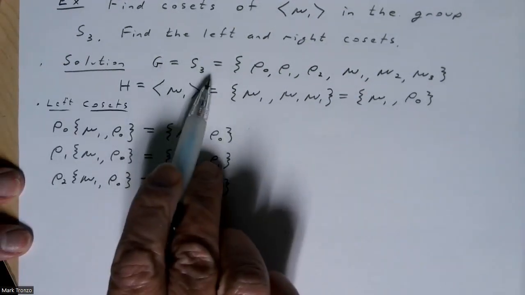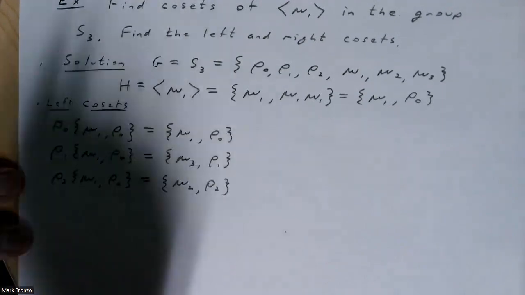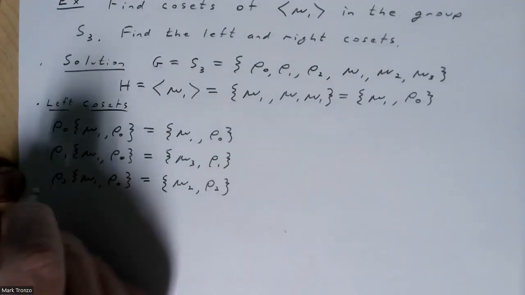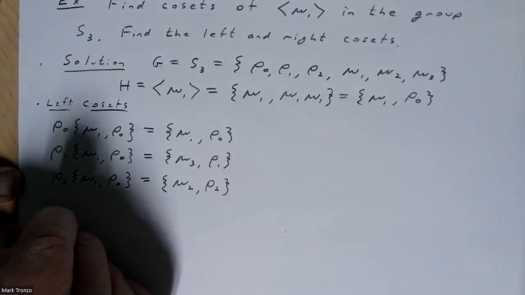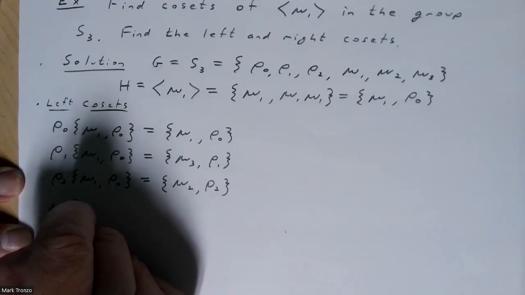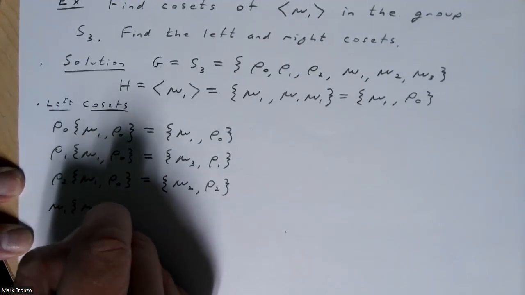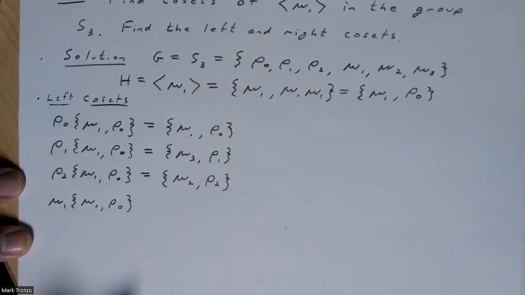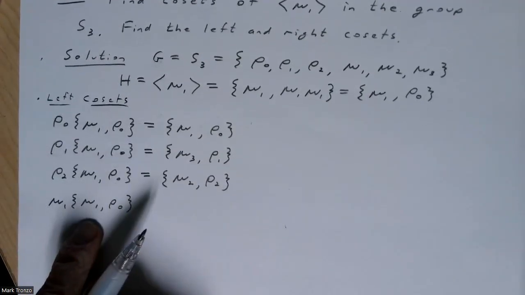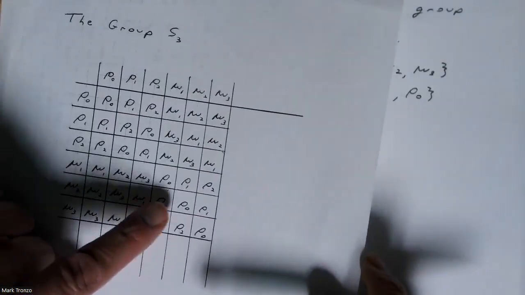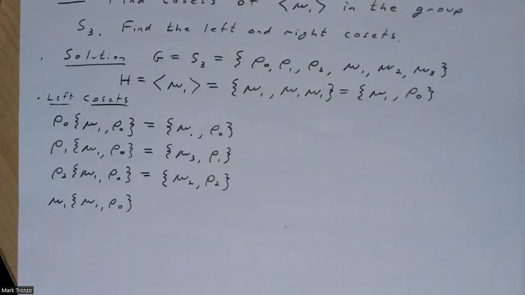If we went to the next one here, mu1 times our subgroup here, if you look at our little chart, mu1 times mu1 is the identity.